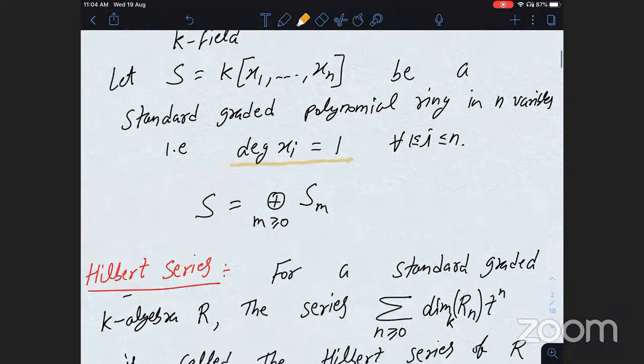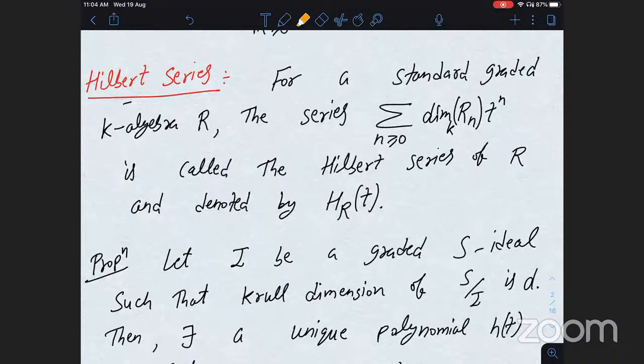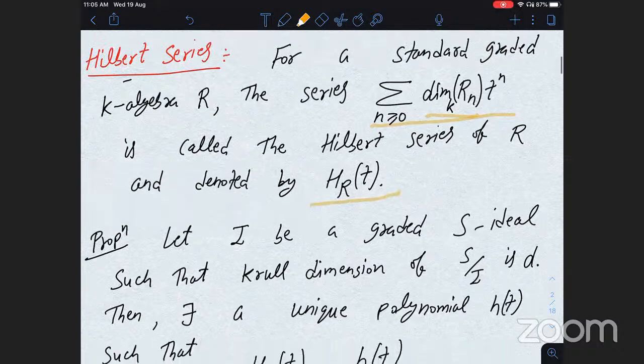Then we can write S as the direct sum of Sm, where Sm is the mth graded piece of S. For a standard graded K-algebra R, we define a series called the Hilbert series, which is the sum over n greater than or equal to 0 of the dimension of Rn times t to the n, where the dimension of Rn is the K-vector space dimension of Rn, the nth graded piece of R. We denote this series by H_R(t).